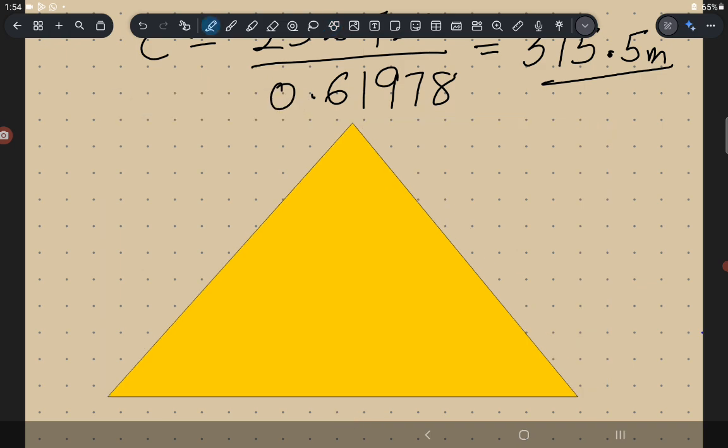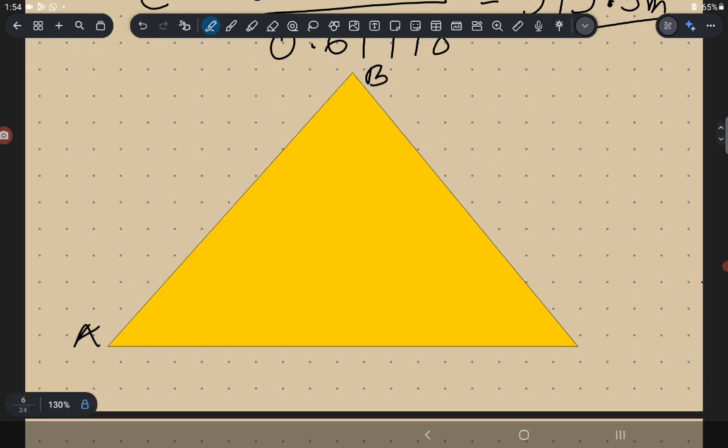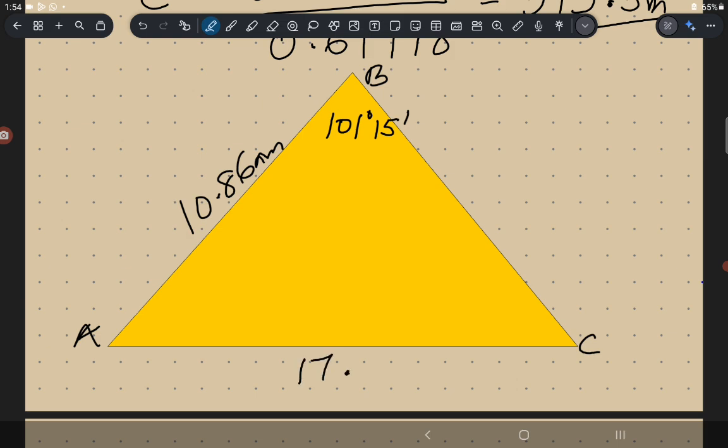Let me write the values. It is labeled like this, A, B, C. The value of angle B is 101 degrees 15 minutes. We have a side of 10.86 centimeters and another of 17.23 centimeters.